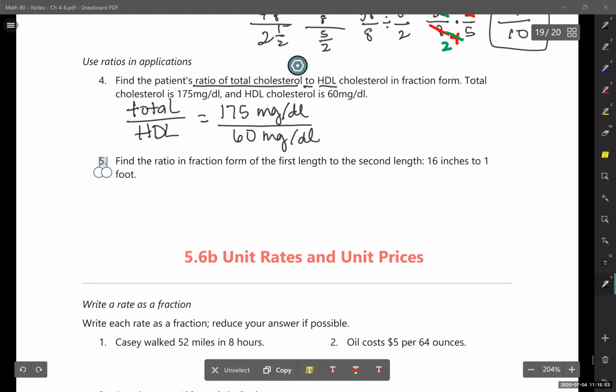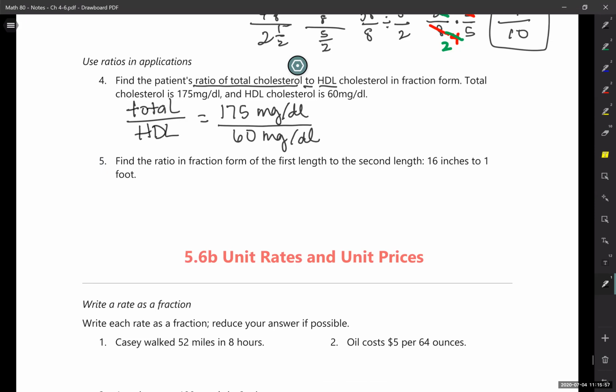Now what's important to notice here is ratios don't need units. And I wrote the units to show you that we don't need units, because what happens here is they are the same, therefore they will cancel each other out. So our final answer will just be a fraction.